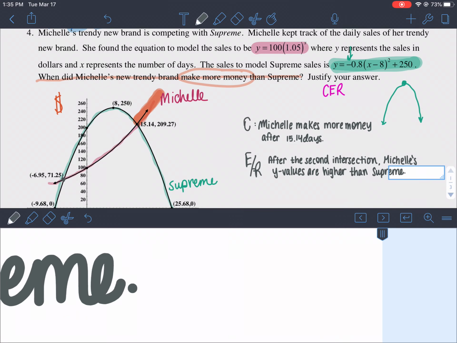Okay, that's your evidence, but your reasoning is, what does that even mean? So what? The y values are higher. Why is that important?